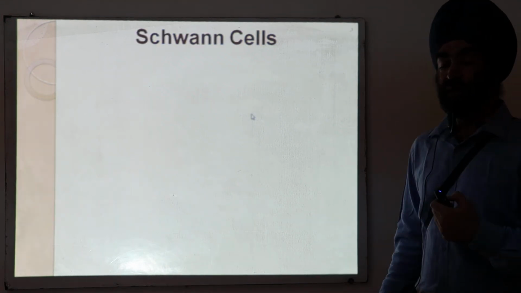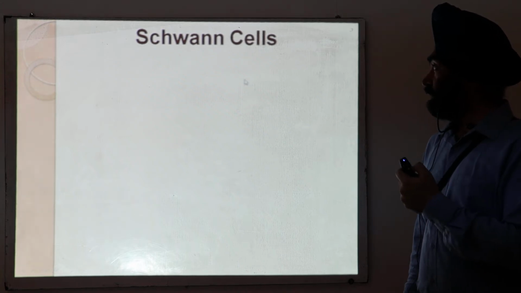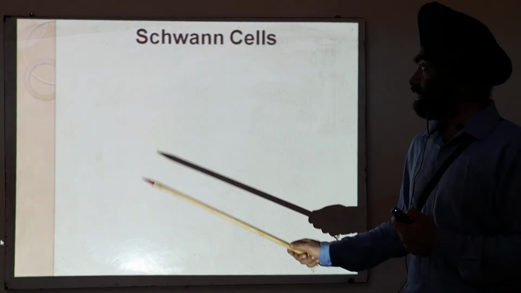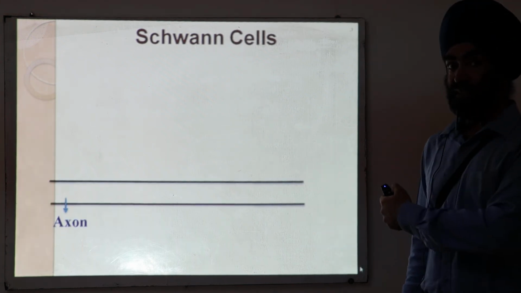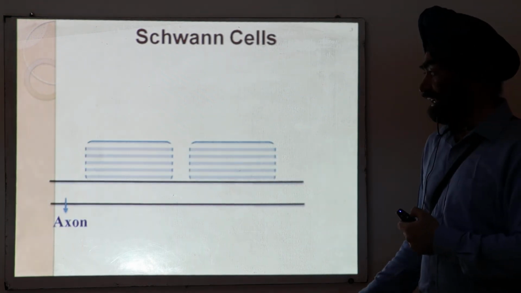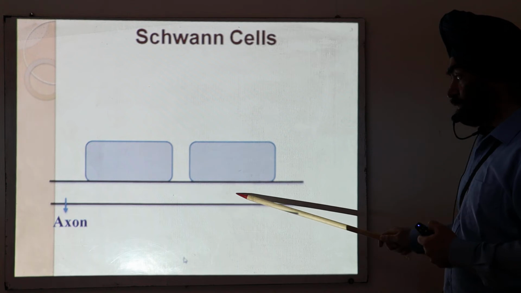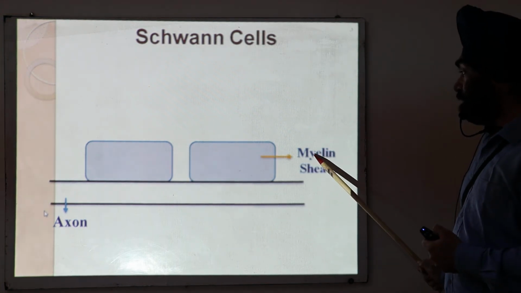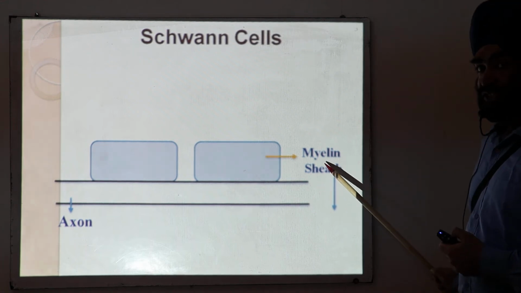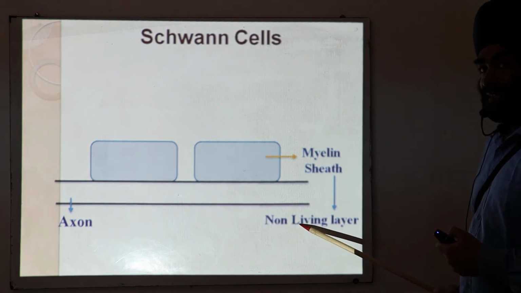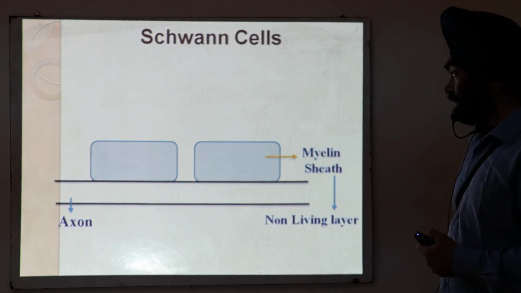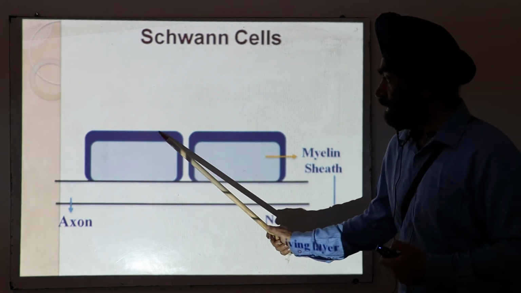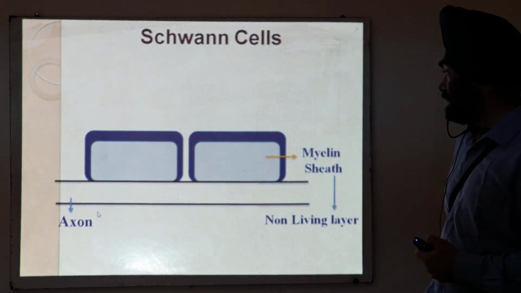Coming down to the glial cells present in the peripheral nervous system, starting with Schwann cells. I will discuss the structure of these cells in detail. Let's say this is the axon. This axon is surrounded by a layer which is called the myelin sheath. This myelin sheath is non-living in nature. This myelin sheath is further encapsulated by a cell.